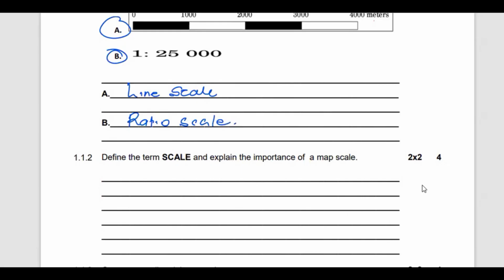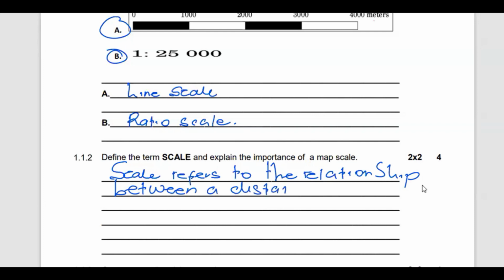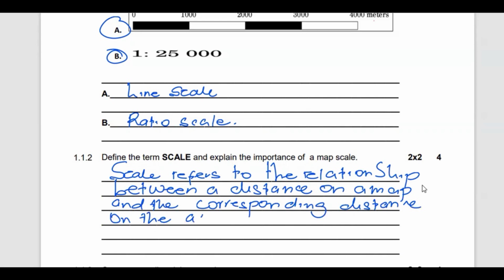All right, so you can say scale refers to the relationship between a distance on a map and the corresponding distance on the actual ground.